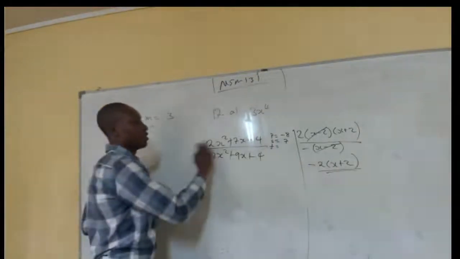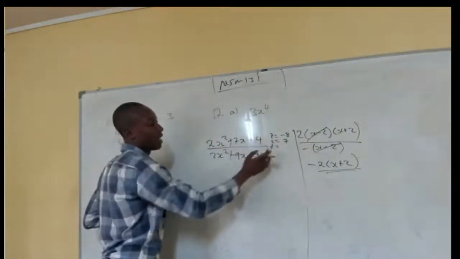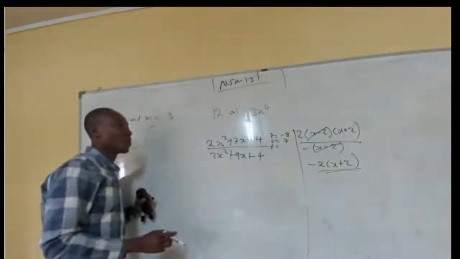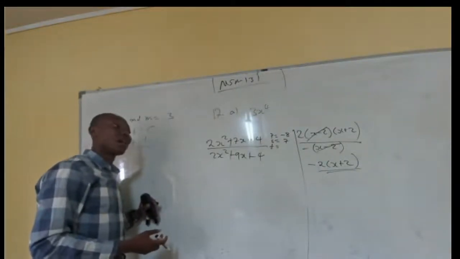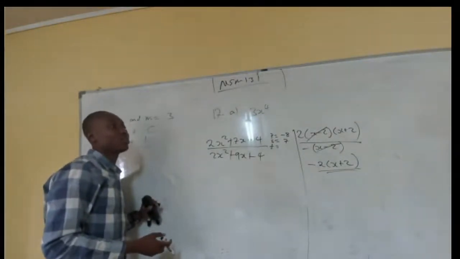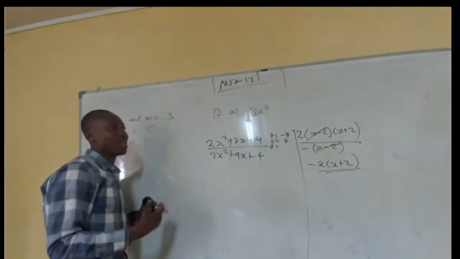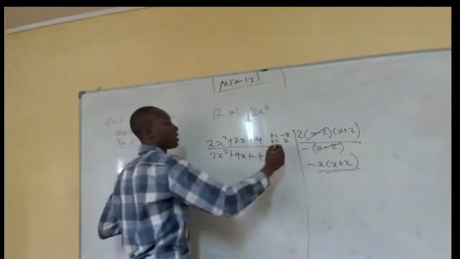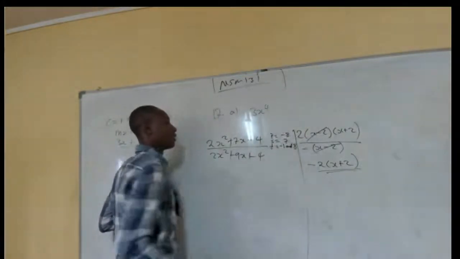So for the numerator, what is the product and the sum? Negative 8, sum is 7, and factors. What are the factors? We're looking for two numbers that when we multiply will give us negative 8, and when we add they'll give us 7. If you closely look, you notice that negative 1 and 8 are the factors. So we're saying negative 1 and positive 8, alright?